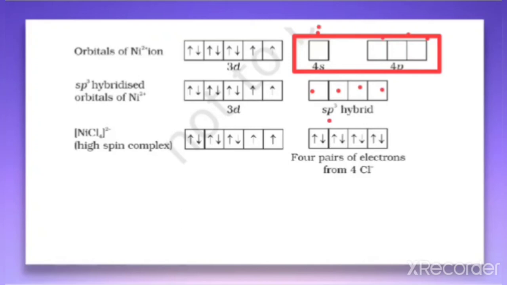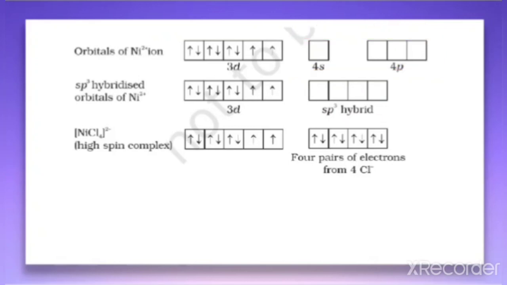Why? 1s orbital and 3p orbitals are undergoing intermixing. Therefore they are called sp3 hybrid orbitals. Now when the sp3 hybridization is taking place, what will be the geometry? That is, the geometry is tetrahedral geometry.